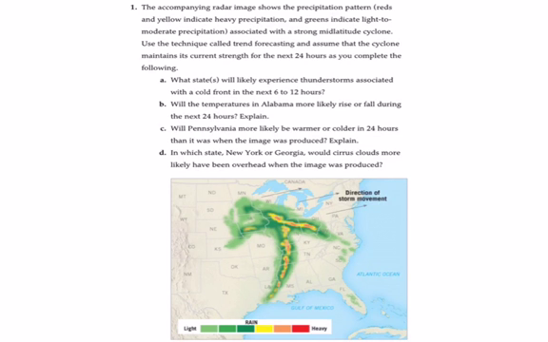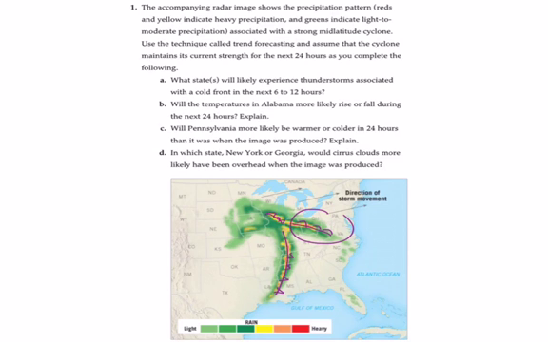To me, doesn't this look like a mid-latitude cyclone? If it is, I'm liking cold front here, warm front here, and probably occluded front here. So if you said warmer, I'm kind of liking warmer, but I would go either way, you just have to explain it.